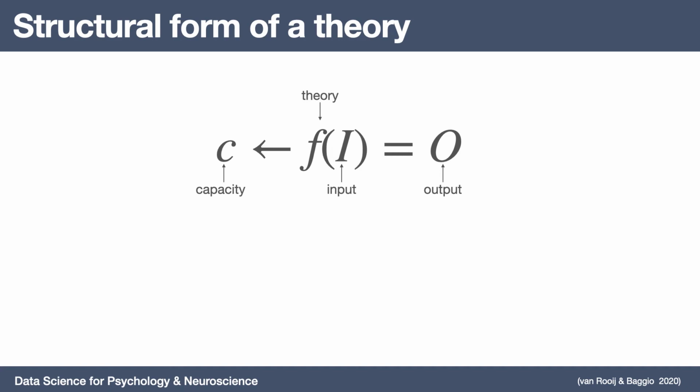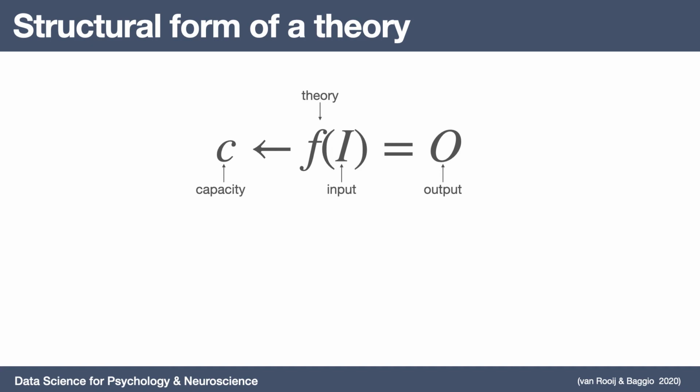The function F, given an input I, produces an output O. And that process defines the capacities of the system. We're going to come back to this quite a lot. This F given an input equals an output. You'll notice as this class progresses it becomes the fundamental form of a statistical theory as well. So hold on to this.